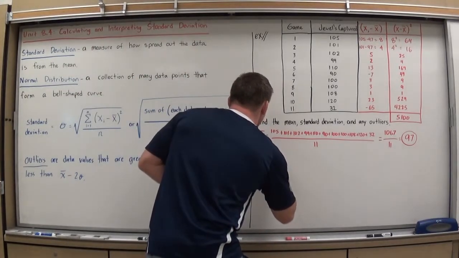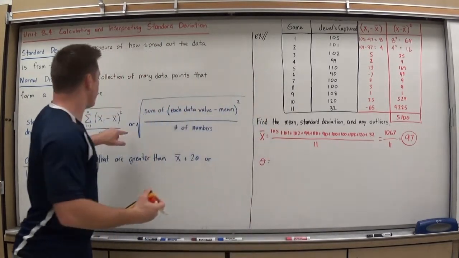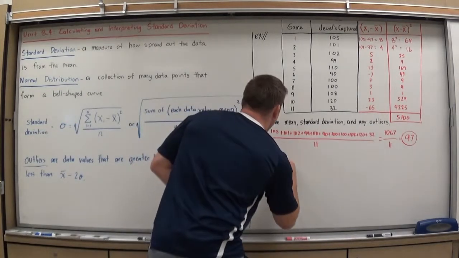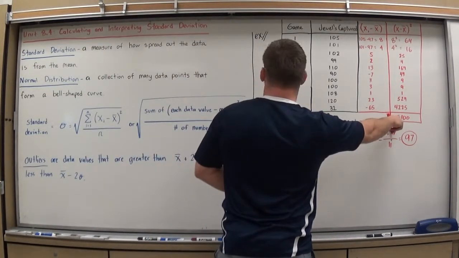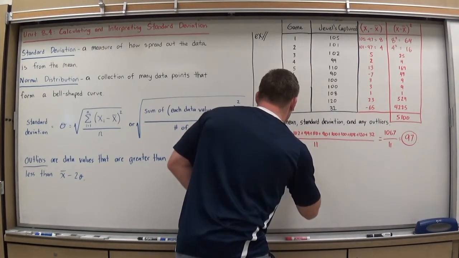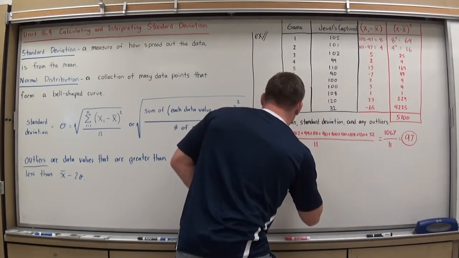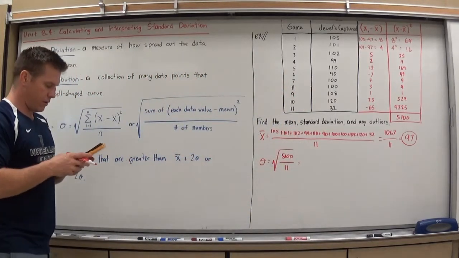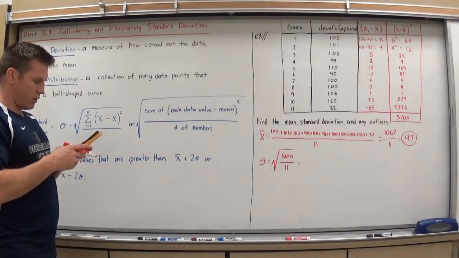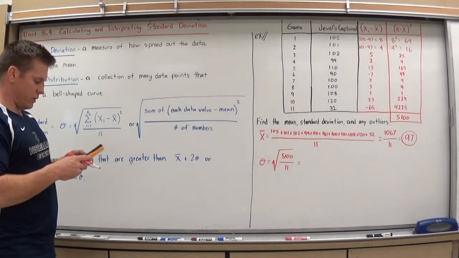And now my standard deviation at this point is found by taking the square root of the sum of each data value minus the mean squared, which we found to be 5,100, divided by the number of numbers, 11. So I'm going to do the 5,100 divided by 11 first.